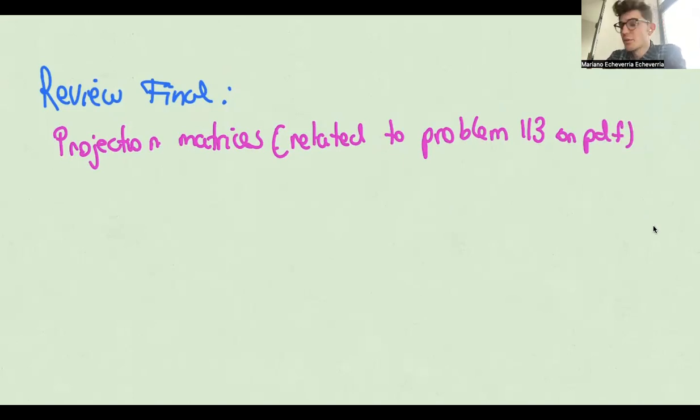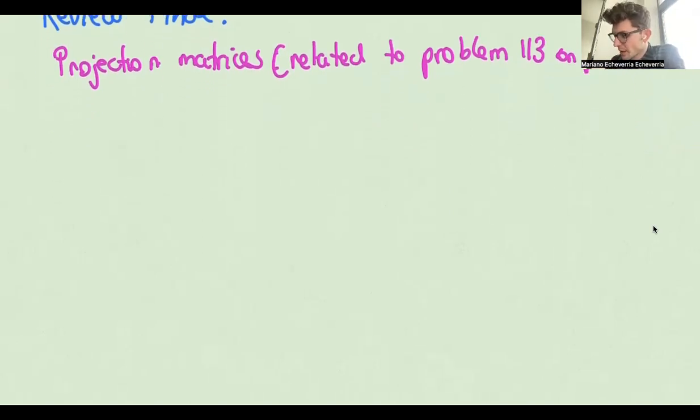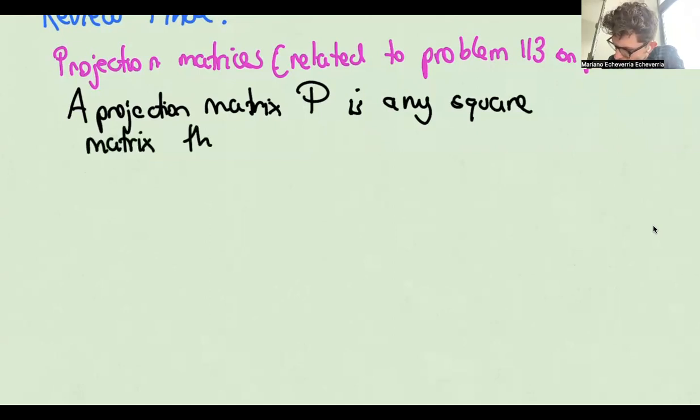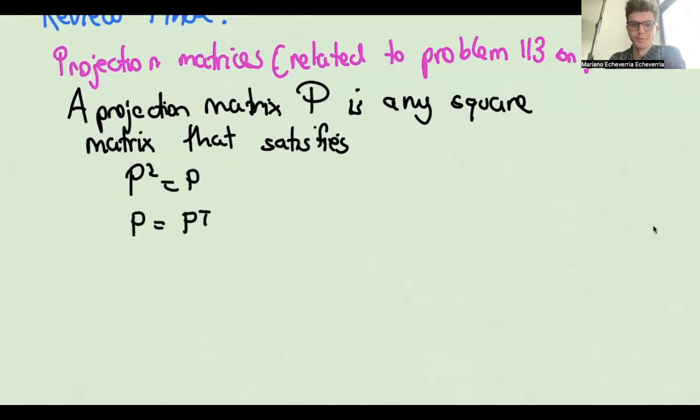The thing that I do want to clarify is that for us, a projection matrix P is any square matrix that satisfies P squared equals P and P equals P transpose.